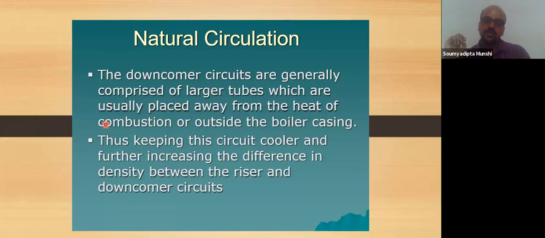Because if the temperature of the generating tube becomes higher and higher, then it is possible that the generating tube may melt. That's why the downcomers are placed away from the heat of the combustion chamber.